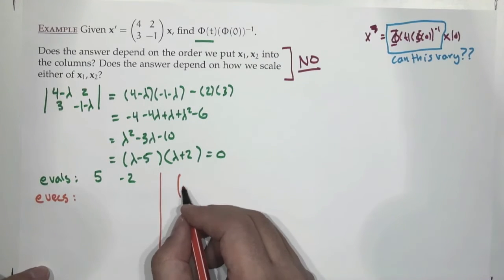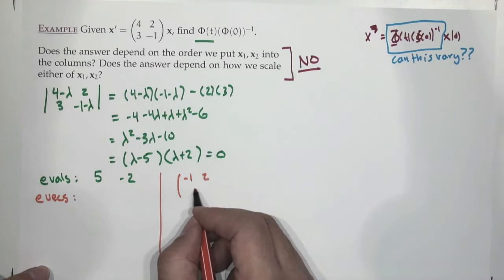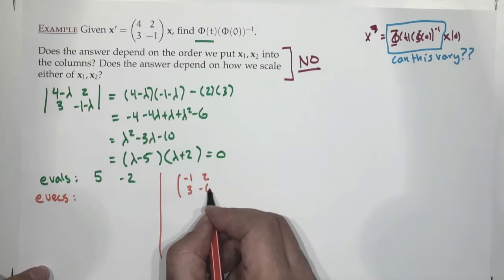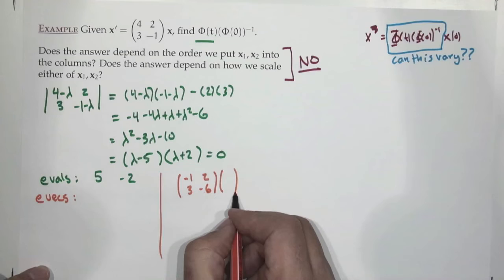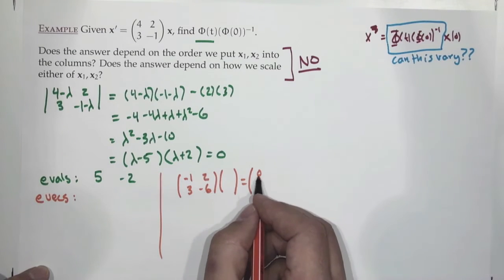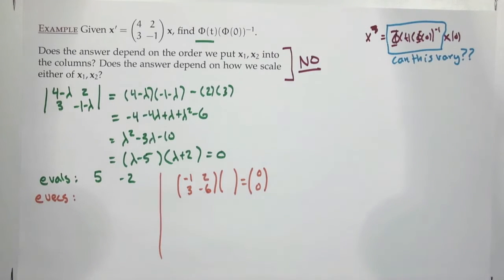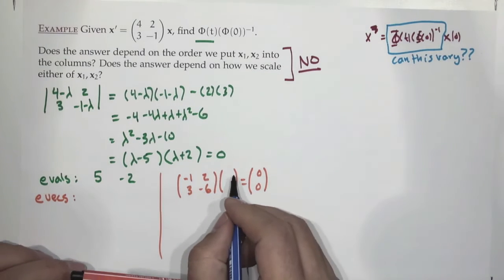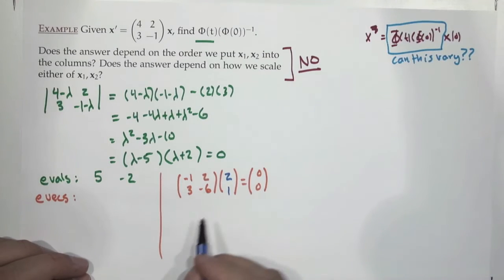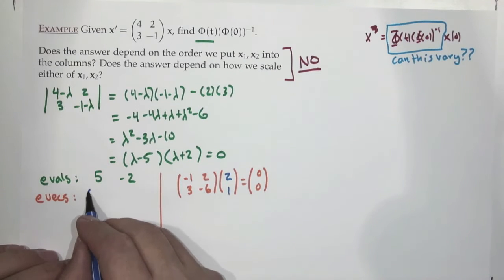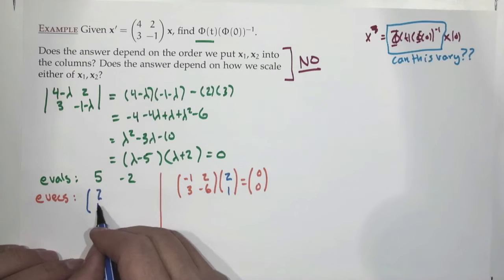So that would be minus 1, 2, 3, minus 6. And we're trying to find some nonzero vector such that the matrix minus 1, 2, 3, minus 6 times this new vector gives us 0, 0. Do we see a vector that works? 2, 1 works. You can, of course, check it. So that says an eigenvector for 5 is 2, 1.